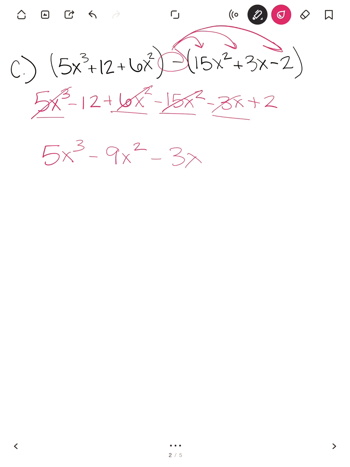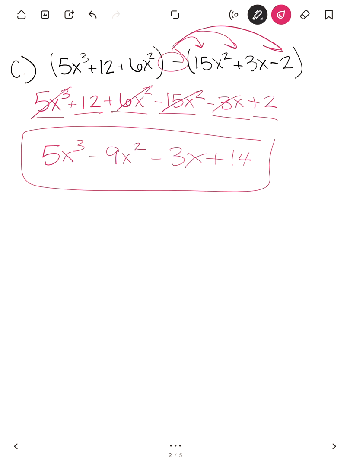And look, I messed up the sign on that 12. That should be a positive. I'm making all kinds of mistakes today, but that's not different than any other day, so it's okay. Now I'm going to add 12 and 2, and I get a positive 14. So there is my polynomial. Since it has 4 terms, that's what we call it, a polynomial. The degree is 3, which means it's a cubic polynomial.